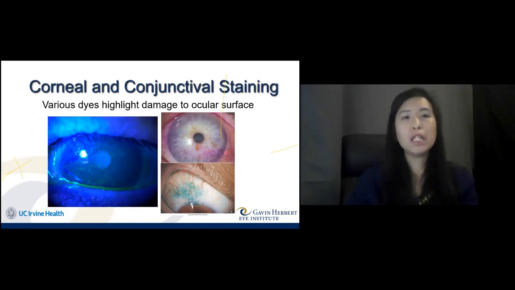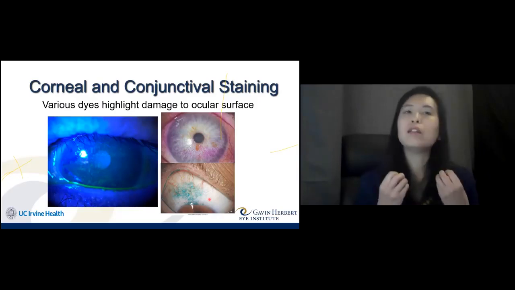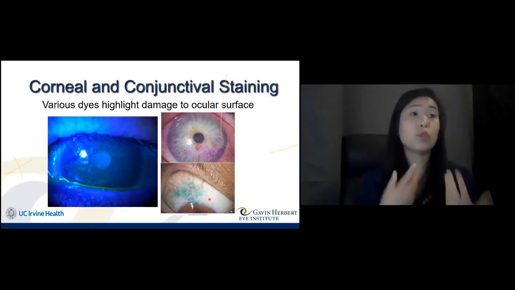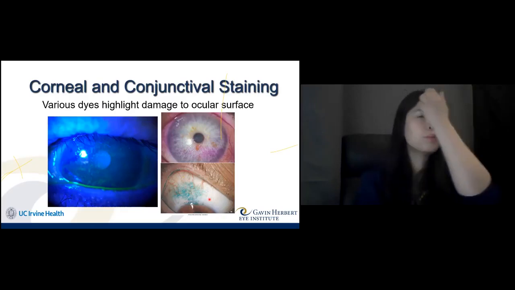Similarly, here's a pink colored dye. Here's a green colored dye, but the idea is the same. When you have dryness on the surface of the eye, those epithelial cells are not happy and they can fall off. And you don't want this to be a continuous process because eventually you'll have more serious damage than this.